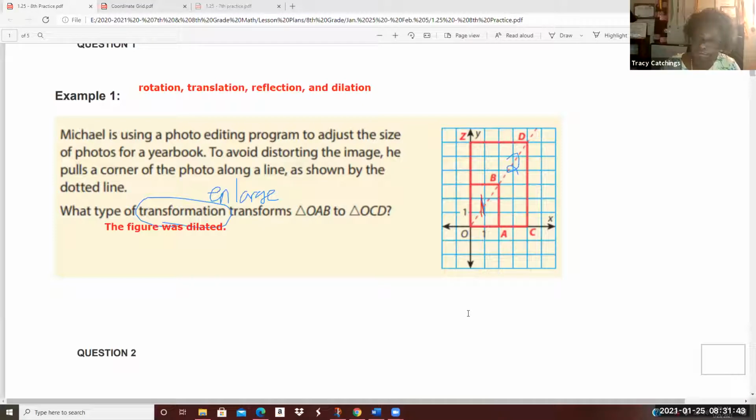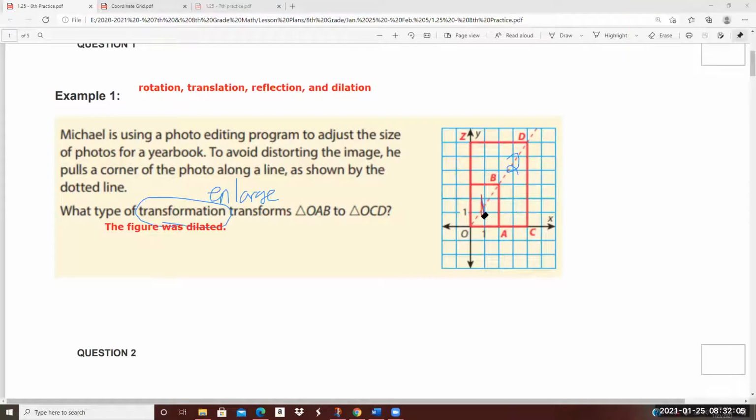A, B, C. I mean, out of 35 kids, somebody should know an alphabet. B.